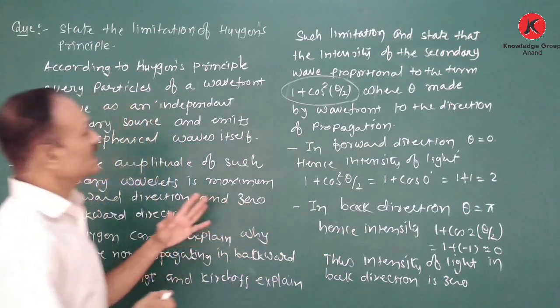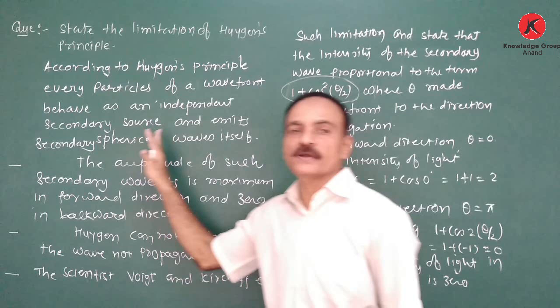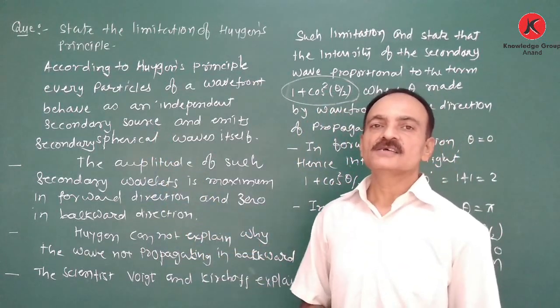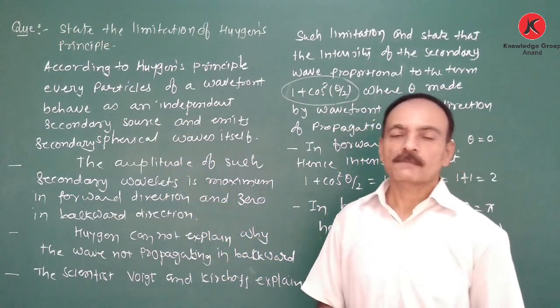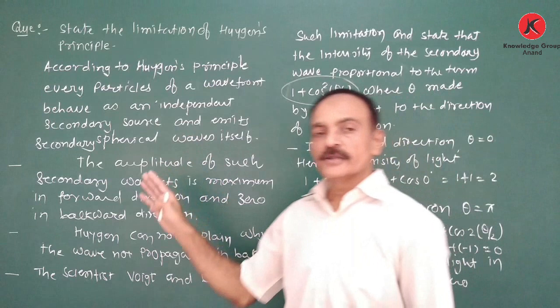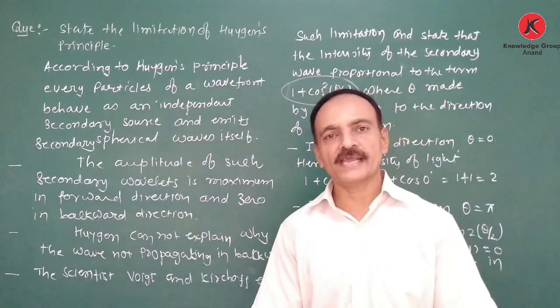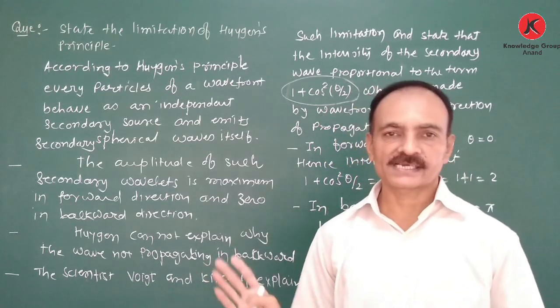Therefore, according to the Huygens principle, each and every point of the wavefront acts as an independent secondary source and produces secondary spherical waves. But here, these newly produced secondary spherical waves propagate only in the direction of propagation of the wave, not in the back direction.